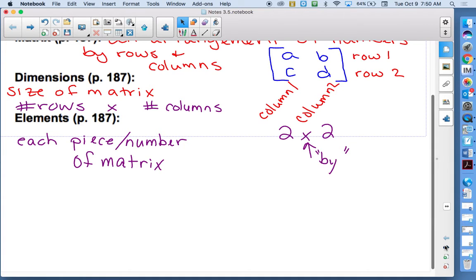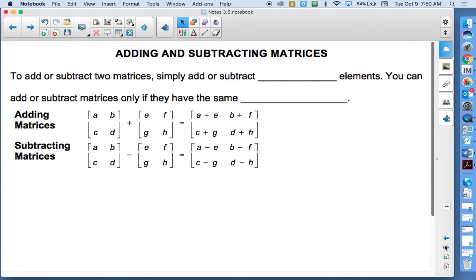So the directions say to add or subtract two matrices, simply add or subtract the corresponding elements. That means if they're in the same position, then you can add them together. So position 1 in one matrix I can add with position 1 in a second matrix.